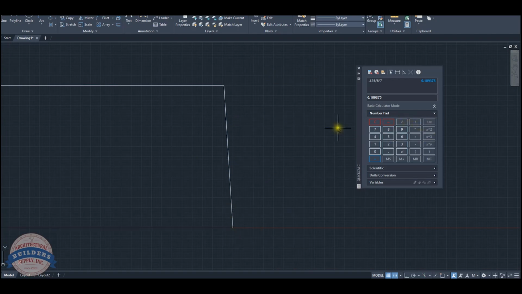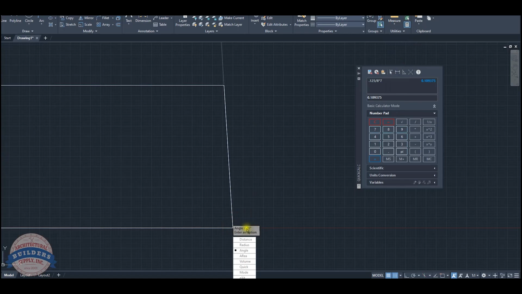Alright, now the question becomes, what is the angle? Measure angle from here to here, 86 degrees.